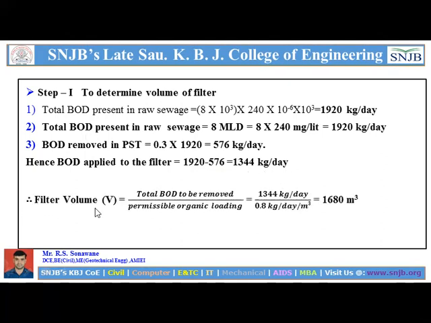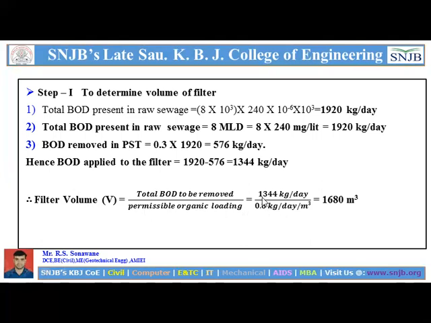Therefore the filter volume V is equal to the total BOD to be removed divided by the permissible organic loading. These are the relations we have. The filter volume, that means the volume of the trickling filter, equals the total BOD to be removed, which we just found out here, divided by the permissible organic loading.